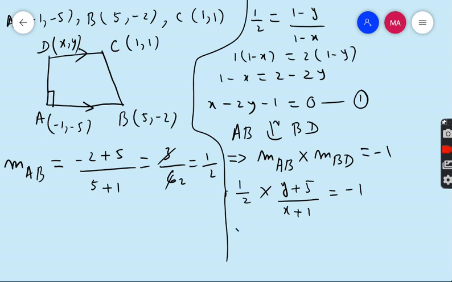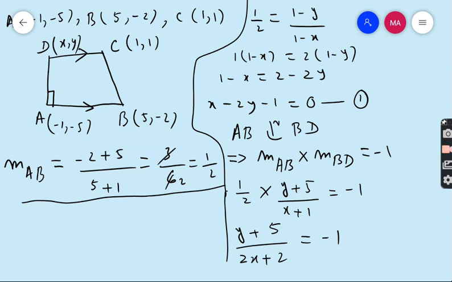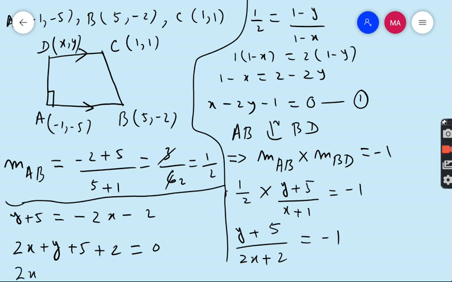1 into y, 1 into 5, 2 into x, 2x, 2 ones are 2, is equal to minus 1. Now y plus 5 is equal to, shifting 2x plus 2 to the other side, minus 2x minus 2. Now shift these to this side: 2x plus y plus 5 plus 2 is equal to 0. 2x plus y, 5 plus 2 is 7, is equal to 0.